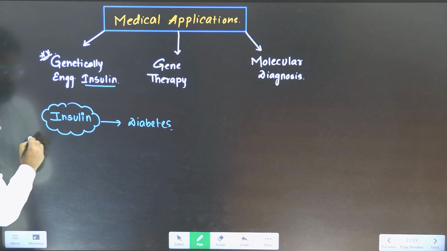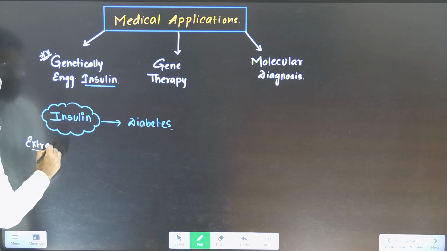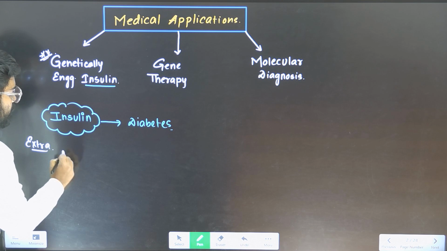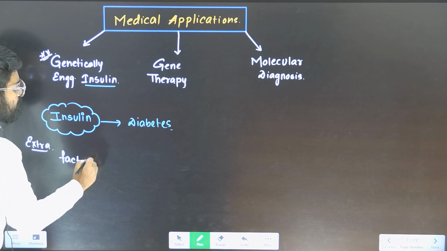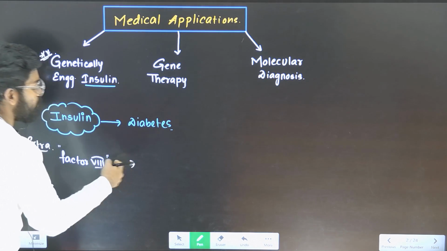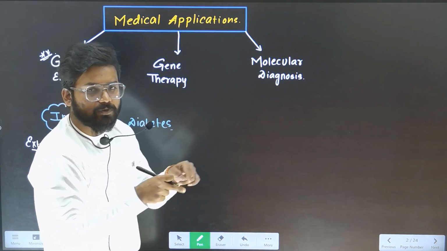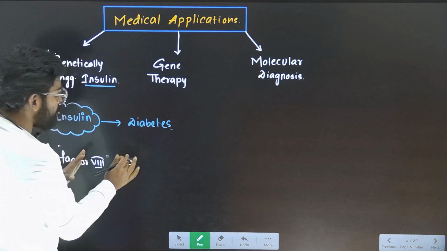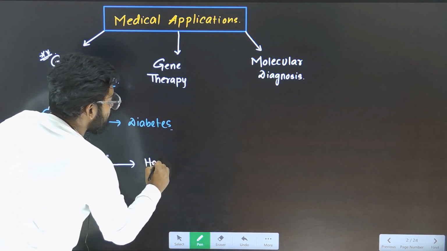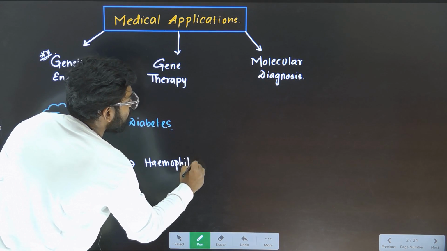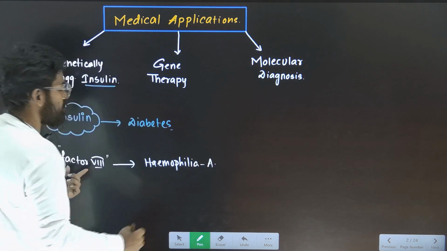But if you want some extra points, other than that, genetically engineered factor 8 is also produced. Factor 8 is essential for blood clotting. We know the cascade pathway of blood clotting, from factor 13 to 1. If a patient has hemophilia A, you can administer factor 8 because he has a deficiency of factor 8.